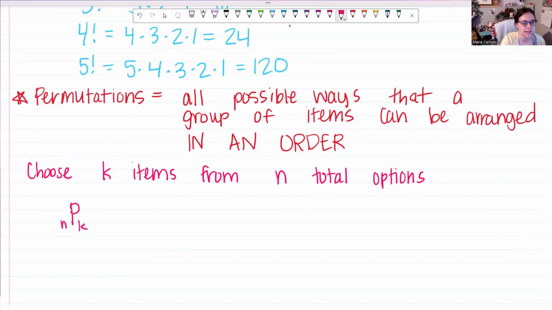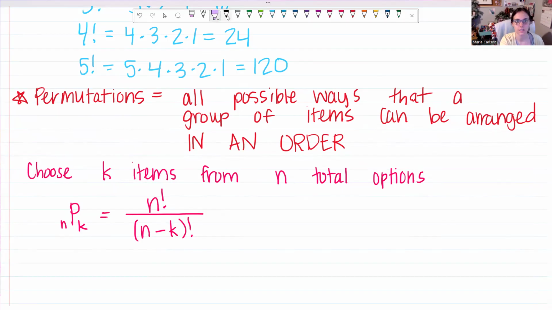Again, sometimes instead of k, an r is used. The formula for this is n factorial divided by n minus k factorial, whatever that difference is, the factorial of that number.